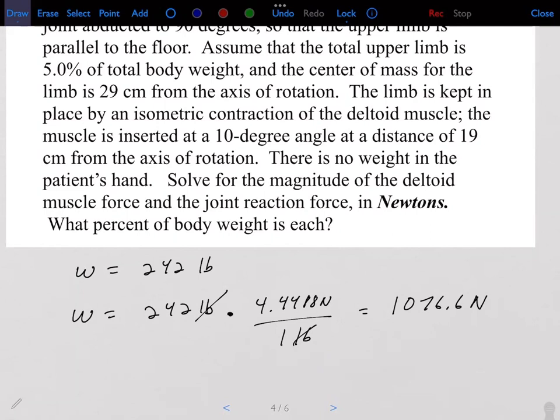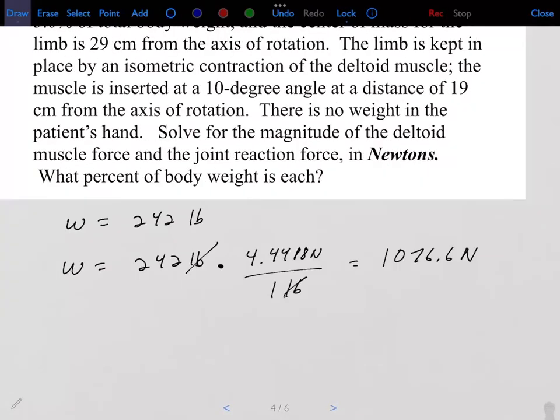That would be fine. And then the weight of the arm itself, the entire upper arm, forearm, and hand is going to be 5% of the body weight. So we're told that the weight of the arm is 5% of the total body weight.